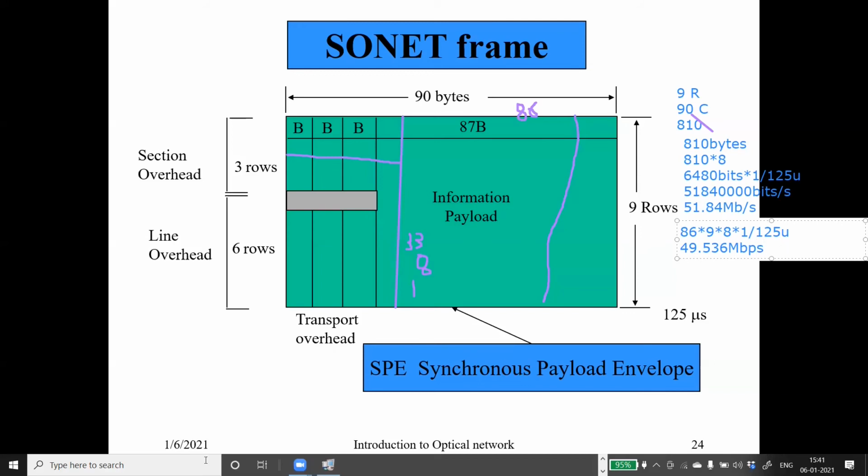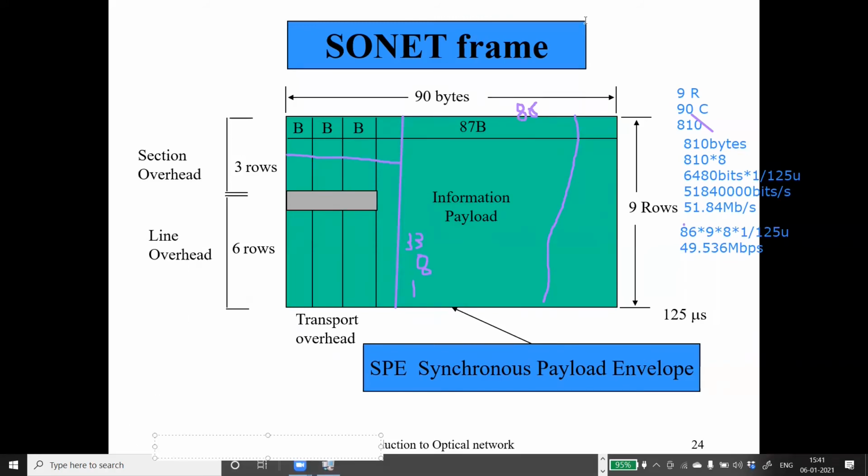Now let's go back and see why they are getting 28. It was not matching with what we were getting.